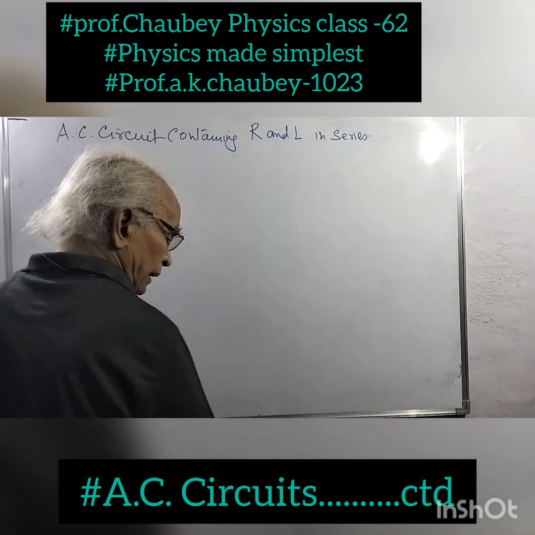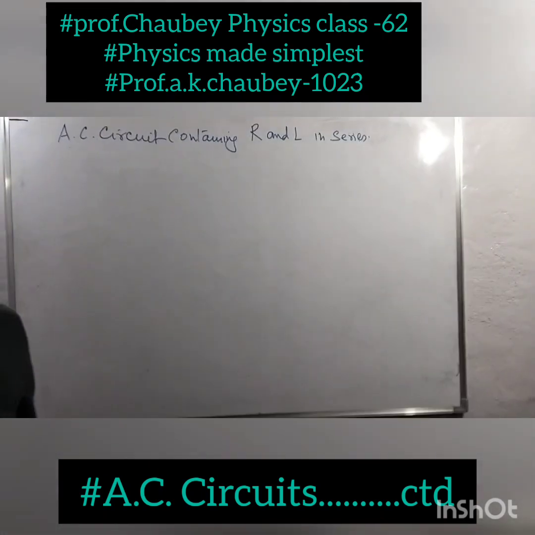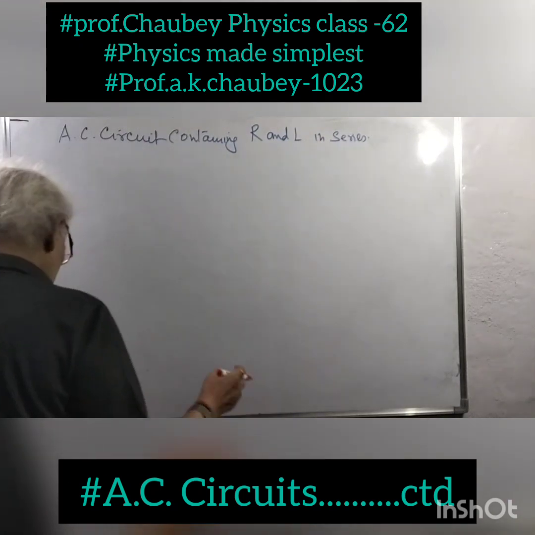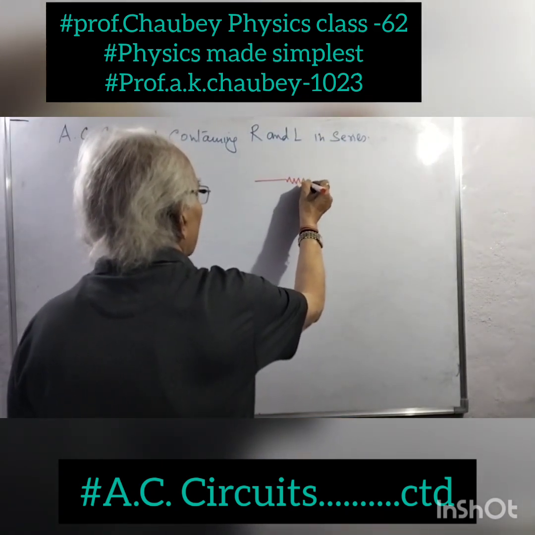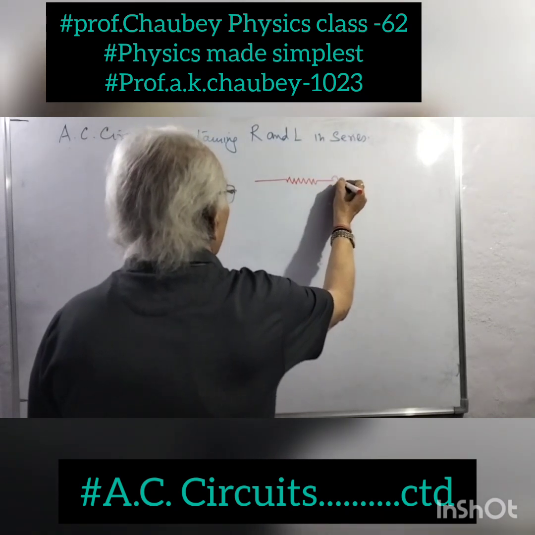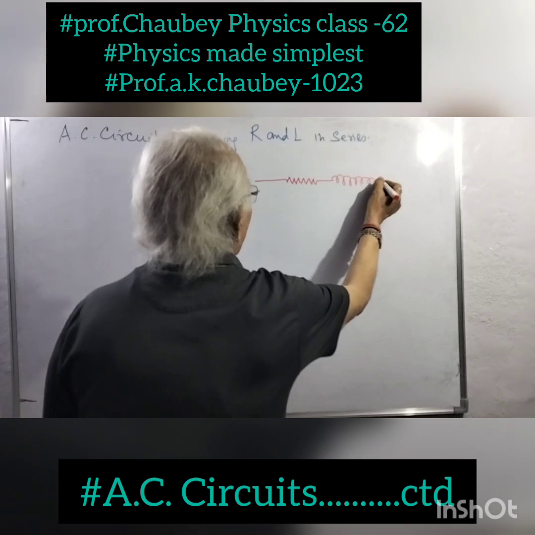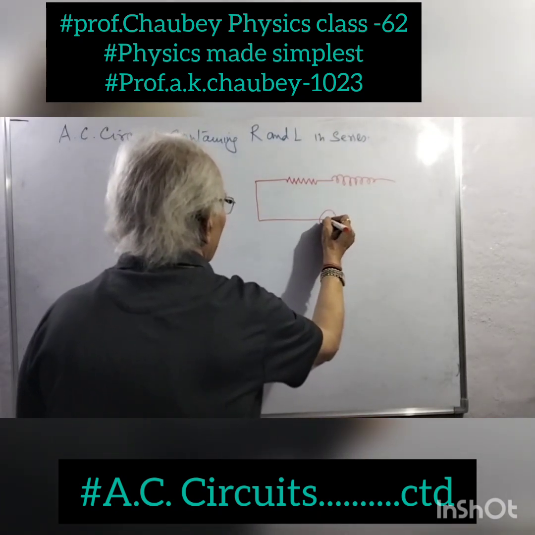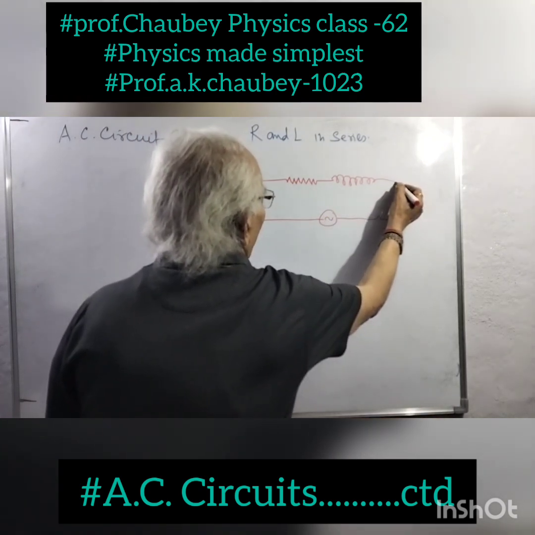Now R and L are connected in series together, and then an AC source is applied. So what we have is a circuit of R and L connected together to an AC source. Of course, we can have a key just to switch the circuit on and off.